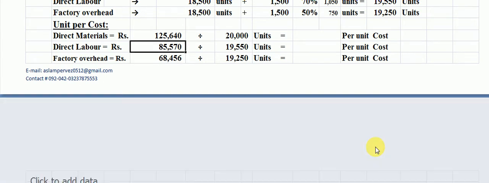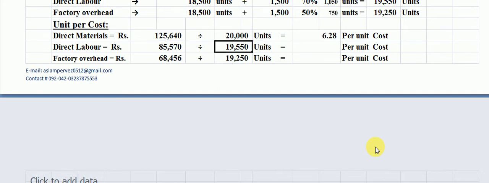Now students, we have to divide this cost with these units, then we find the per unit cost about material, direct labor and factory overhead here. Now we have to divide this cost with given units.